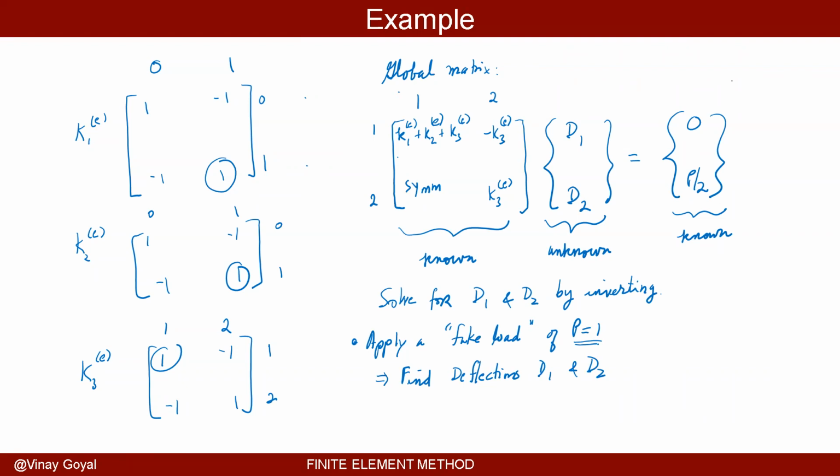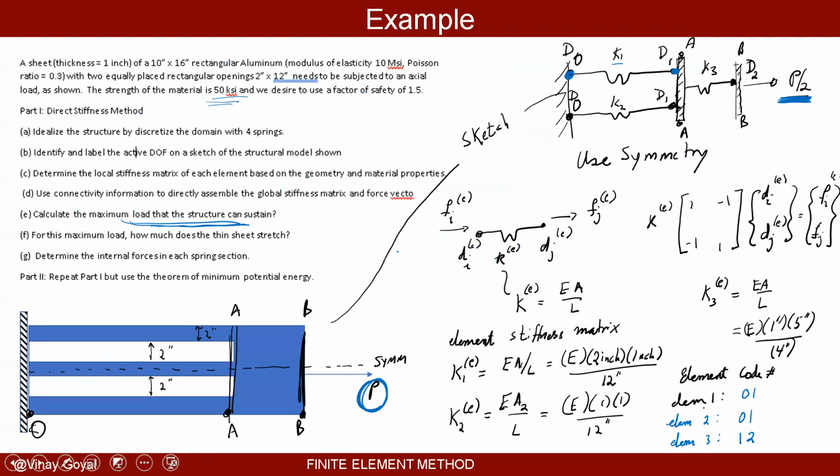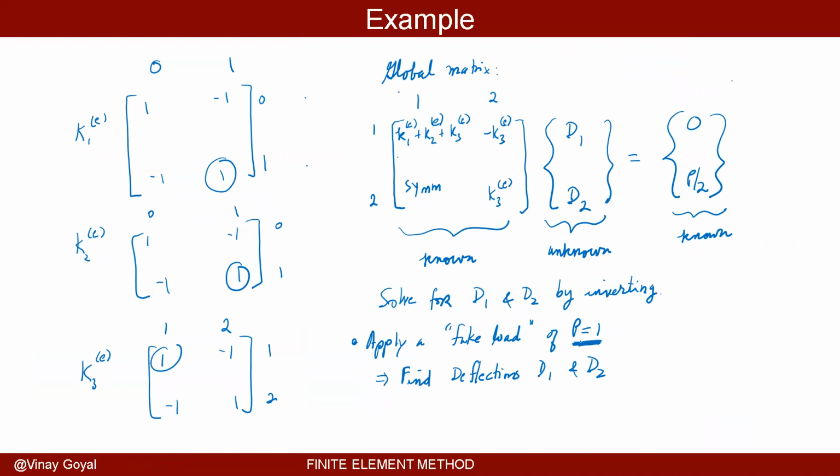And once you have those deflections, we can find the forces acting in each of these sections. And then we can find the stress. And then all we have to do is scale this load up until the stress reaches 50 KSI. What do you think?